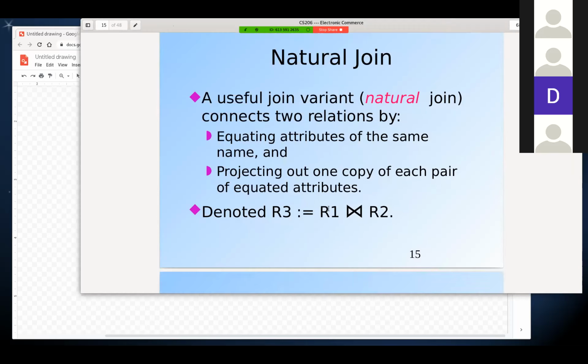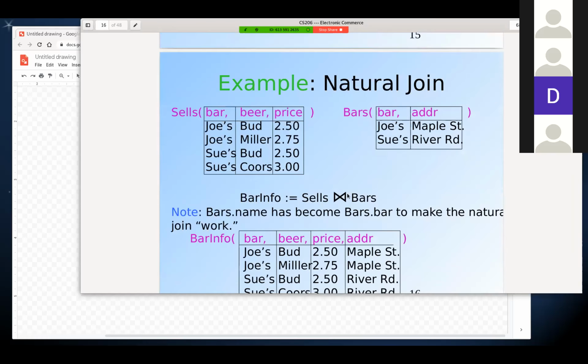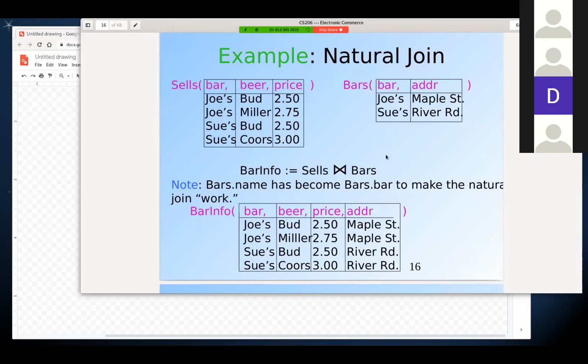The conditions that do hold are about when attributes are named the same. Notice here in the natural join between Sells and Bar, we have an attribute here and an attribute here, both named bar.